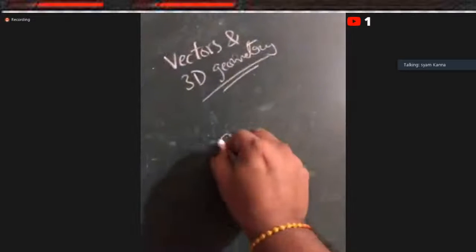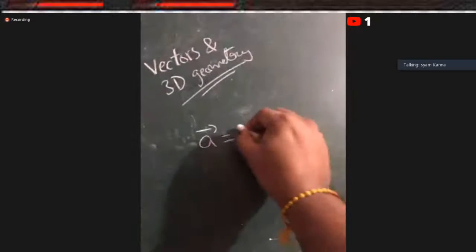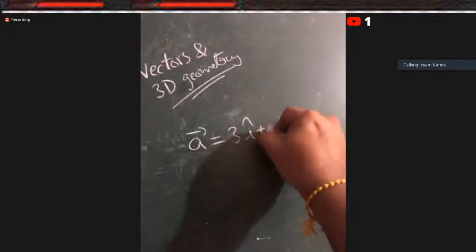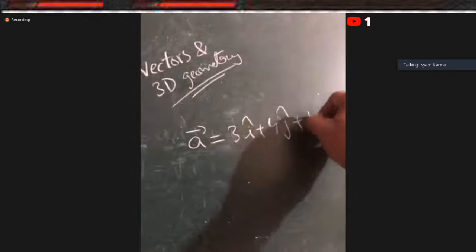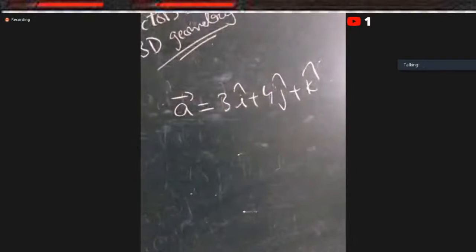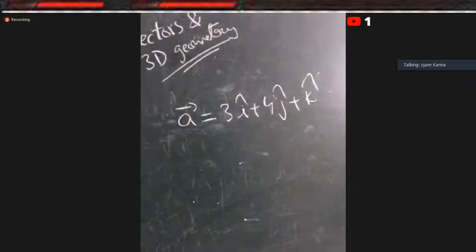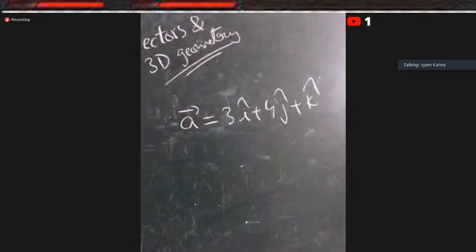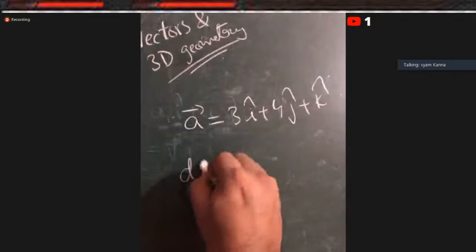I'll give one example. A bar is equal to 3i cap plus 4j cap plus k cap. What is the angle made by this vector with the x-axis? Means direction cosines.